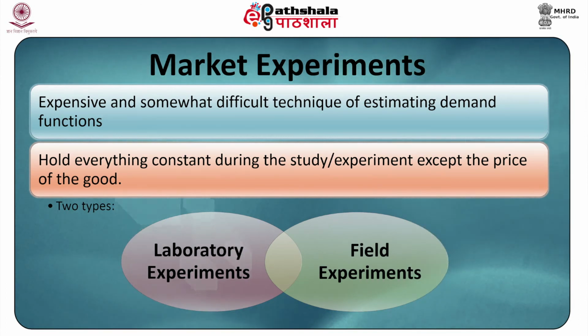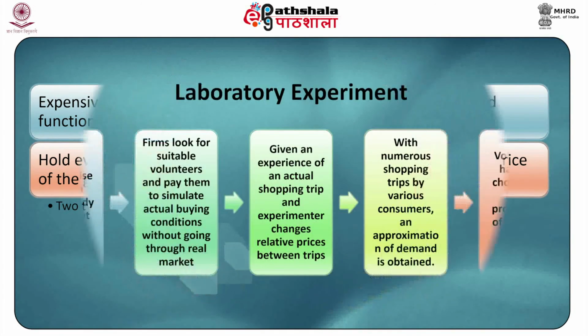There are laboratory experiments as well as field experiments, wherein in the former volunteers are used to simulate actual buying conditions, and in the latter firms display their products in different showrooms at different locations with different characteristics and population over a period of time and observe consumers' behavior and choices.